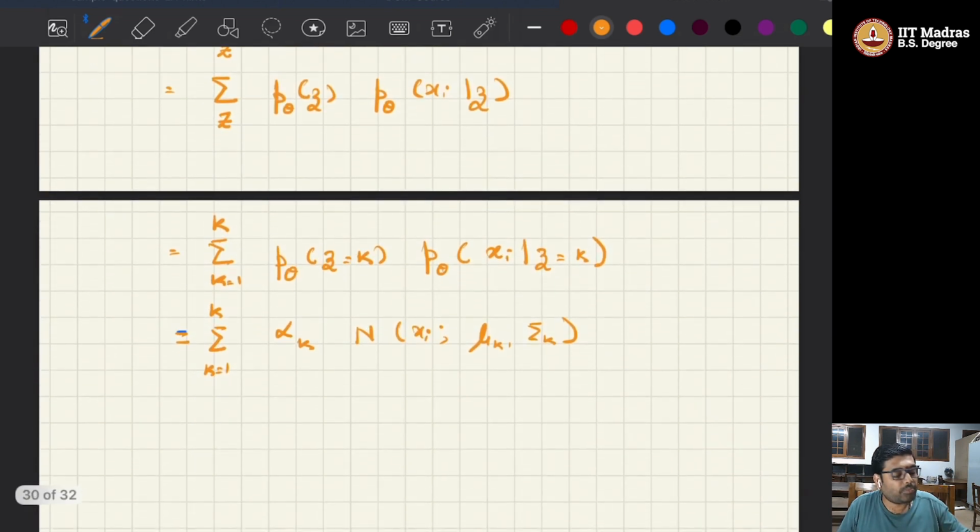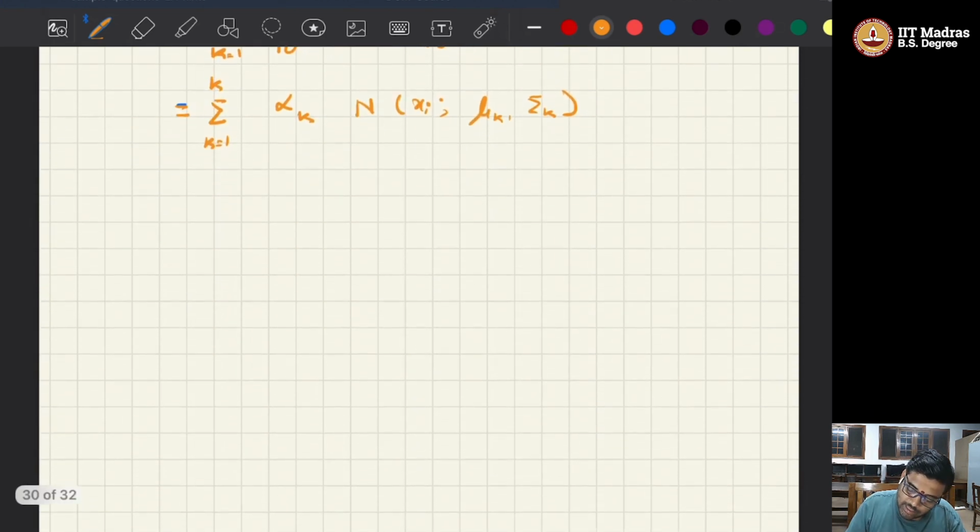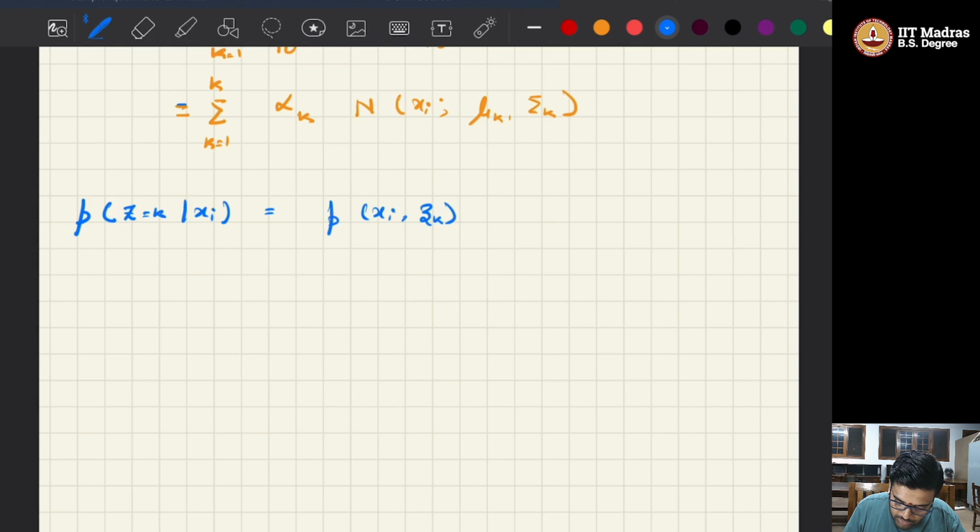Now how do you compute the conditional one, that is z given x? Let's take the probability that z belongs to group k given xi. We can write it as the joint of xi, zk divided by the probability of xi.